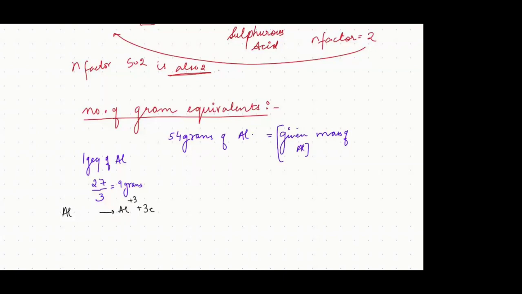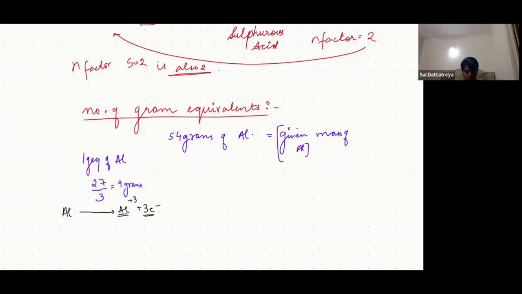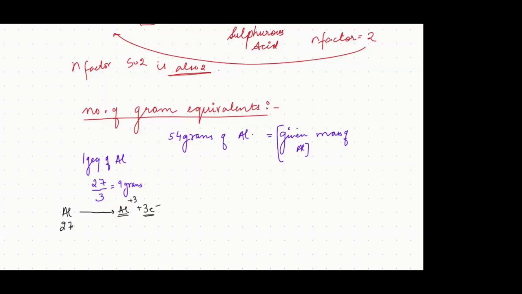So 27 grams, that is 1 mole of aluminium's molar mass, would lose 3 moles of electrons. So 1 mole of electrons is lost by 27 by 3, that is 9 grams.